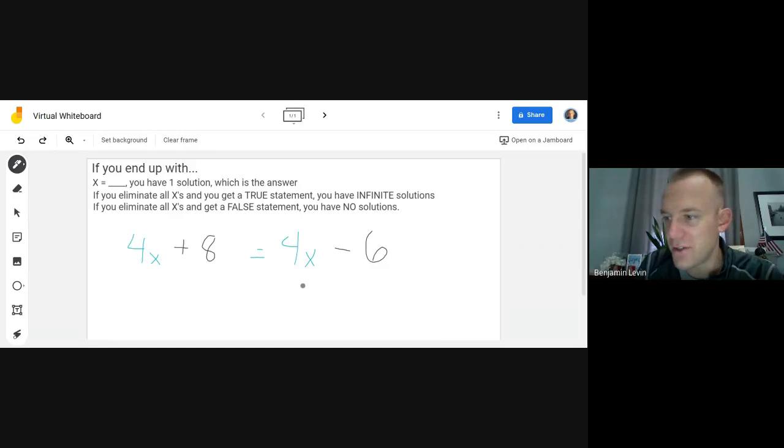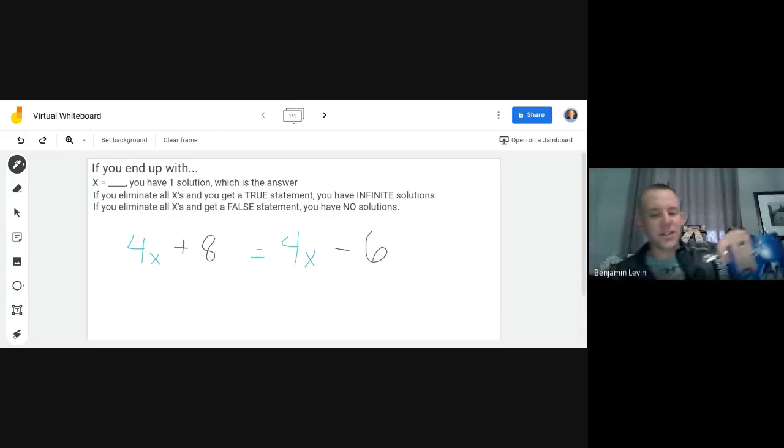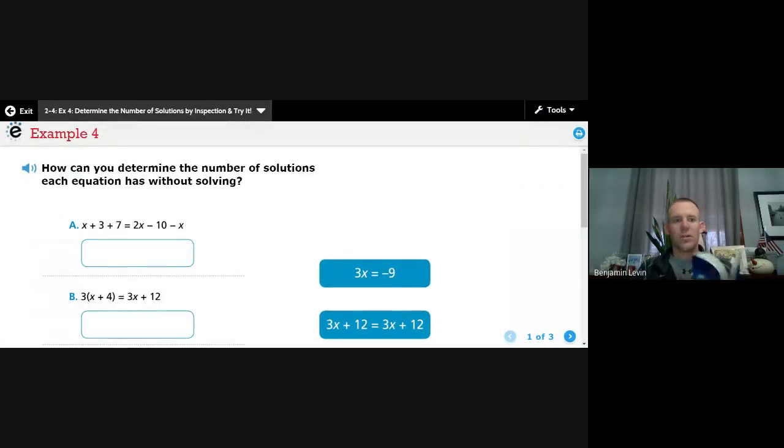So make sure when you guys are doing your homework that you are using a pencil and a piece of paper to actually do the work and practice the techniques that we're doing. Let me look up the page in the workbook too. We are on 2-4, example 4.